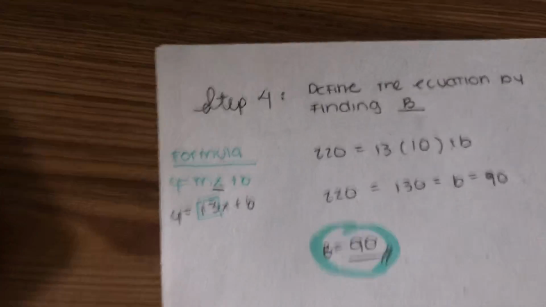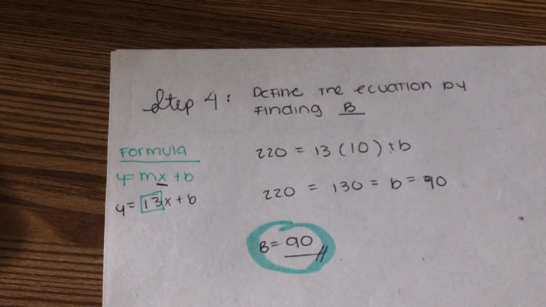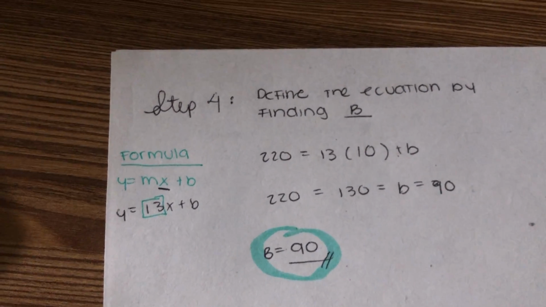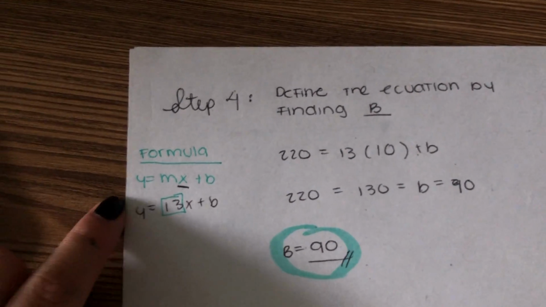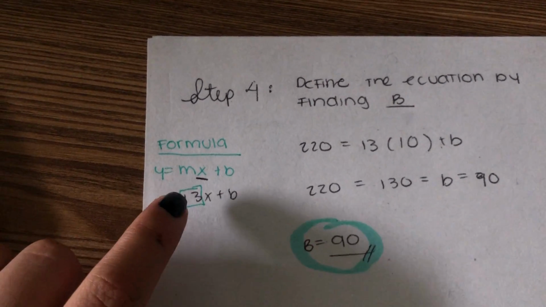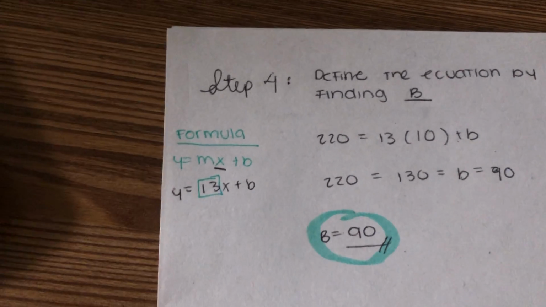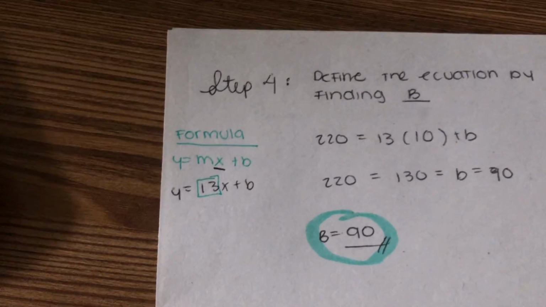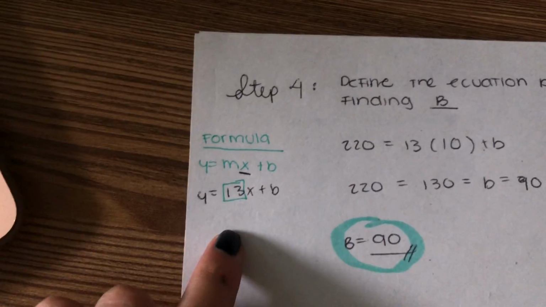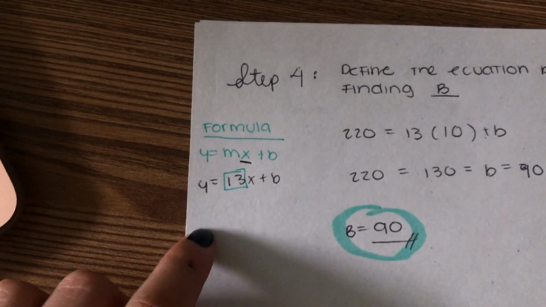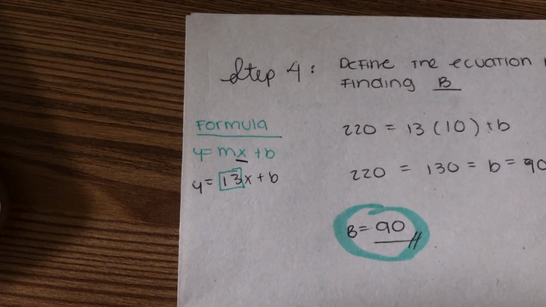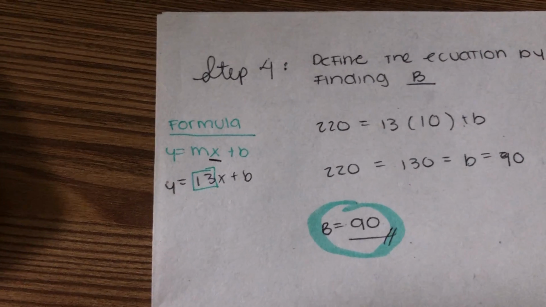Moving on. Let's go to step 4. Define the equation by finding b. This is the formula that we have been using: y equals m times x plus b. Now that we found the slope, which is m, we can replace it: y equals 13 times x plus b.